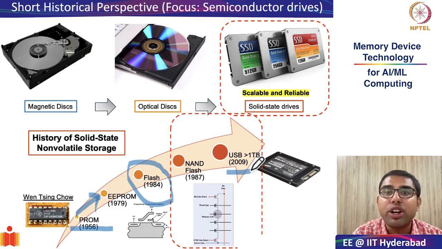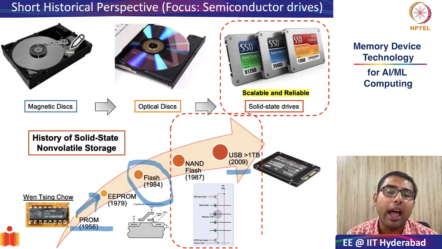You can just connect it to a USB port on your computer, which had more than 1 TB of data storage. So 2009 was very momentous, and that is when I would say that the promise of solid state drives, which were initially much more expensive compared to magnetic and optical discs, really took off.